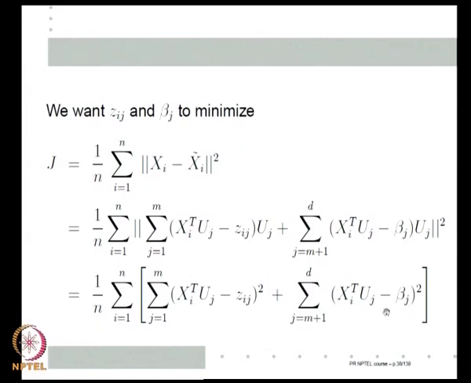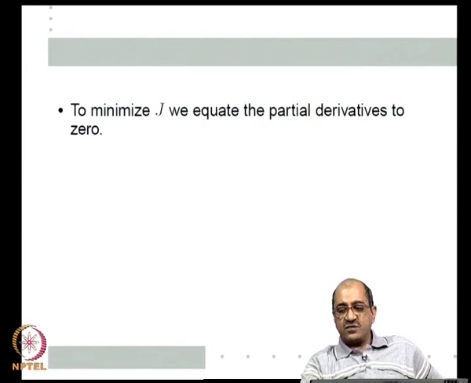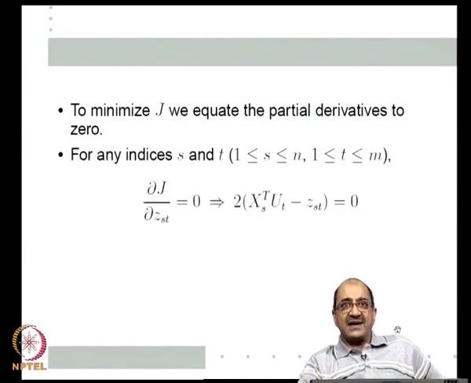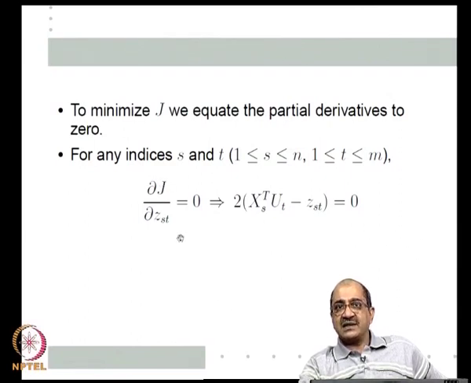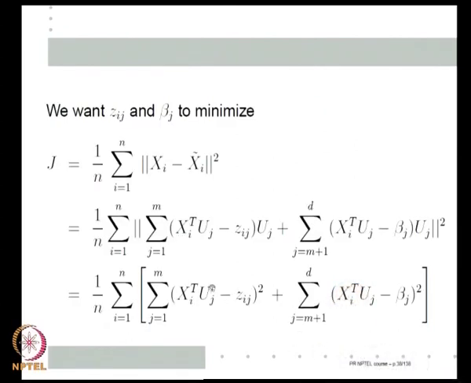Okay. So, how do I find them? We first have to take partial derivatives of J and equate them to 0. So, I have to essentially find zij and beta j. First, let us look at the derivative with respect to zij. If I take any indices s and t and I want the partial derivative with respect to z s t, there is only one term in this entire expression that contains z s t.